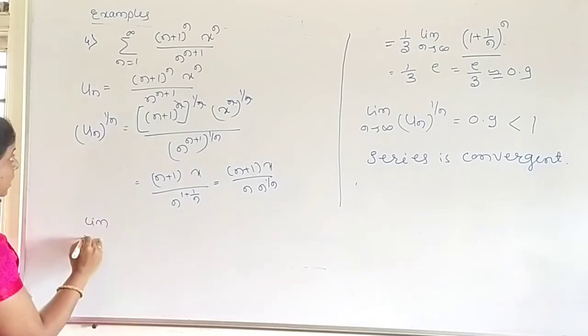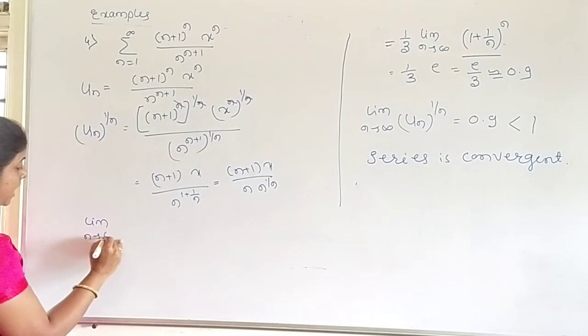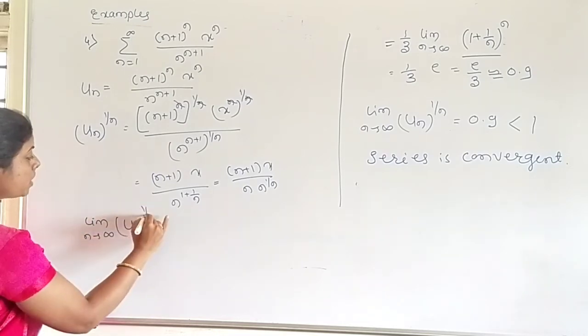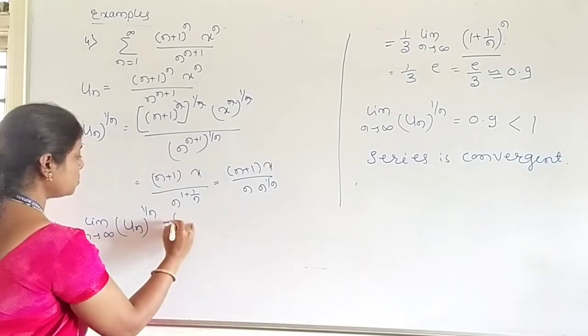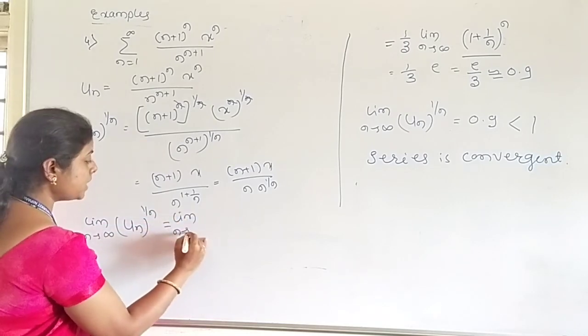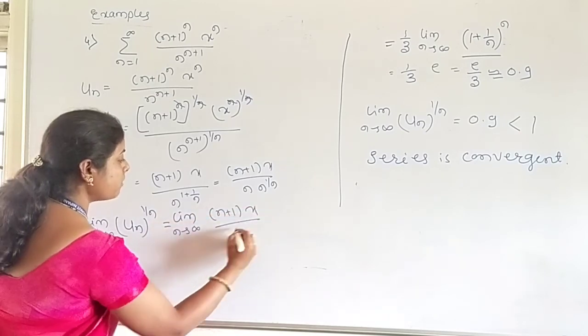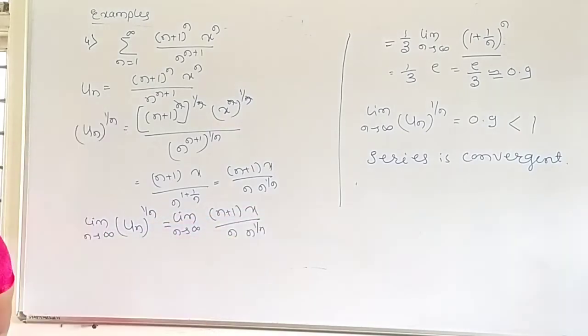After simplifying you have to apply the limit: as n tends to infinity, un to the power 1 by n is equal to limit as n tends to infinity of (n plus 1) into x divided by n into n to the power 1 by n.